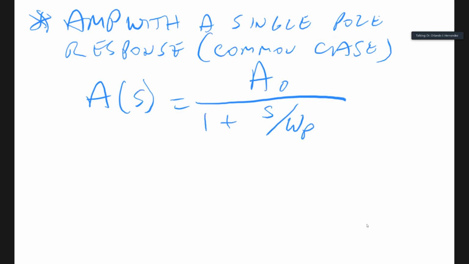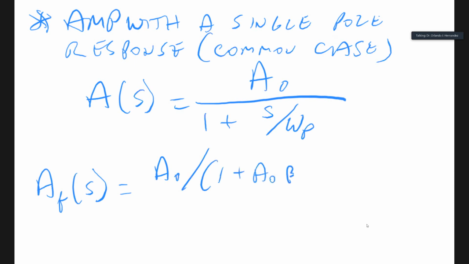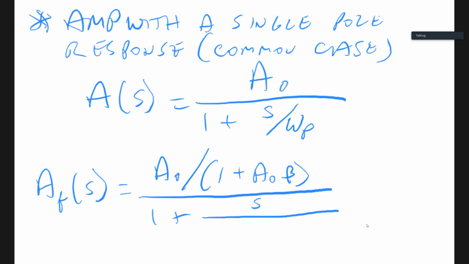And we had said that the closed loop response for that was the mid-band gain divided by the amount of feedback. So this is just another way of writing that closed loop expression.